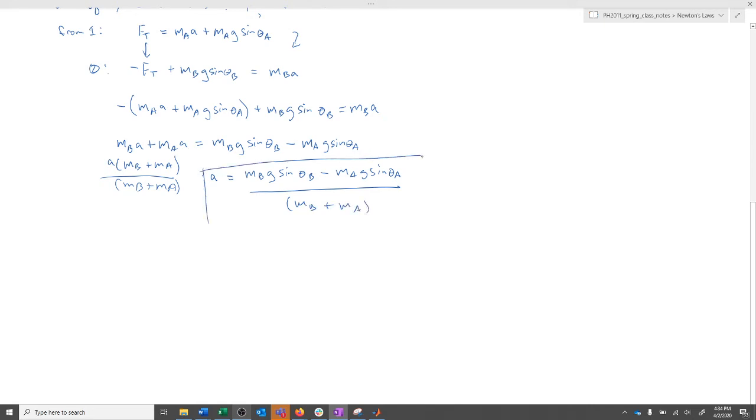Okay. So we have a big, ugly expression for the acceleration. Let me just redraw our picture here so we have it kind of on the same page.